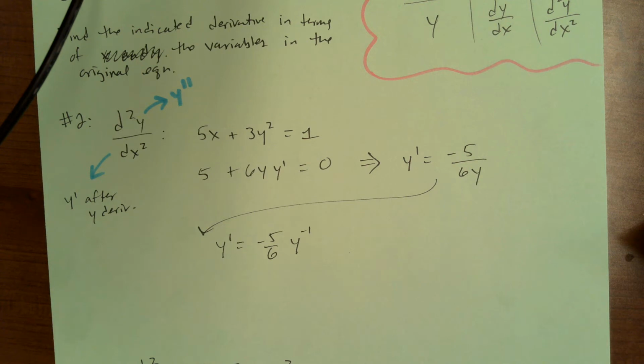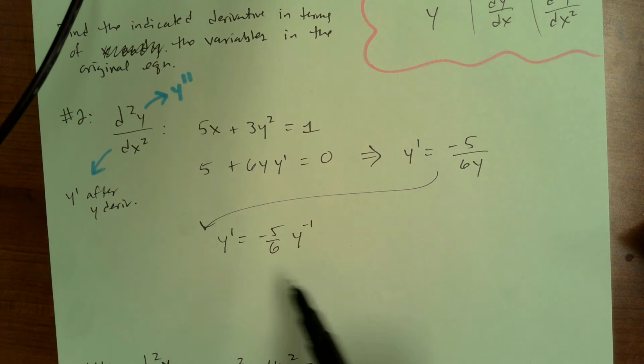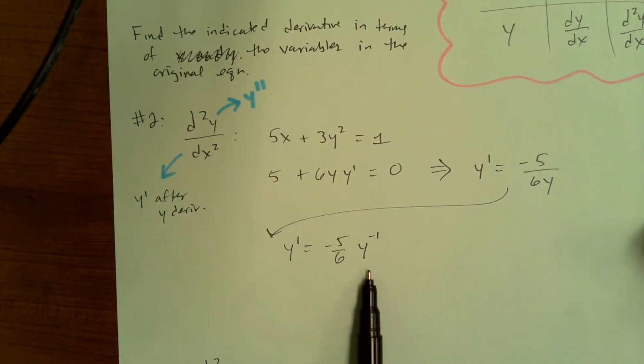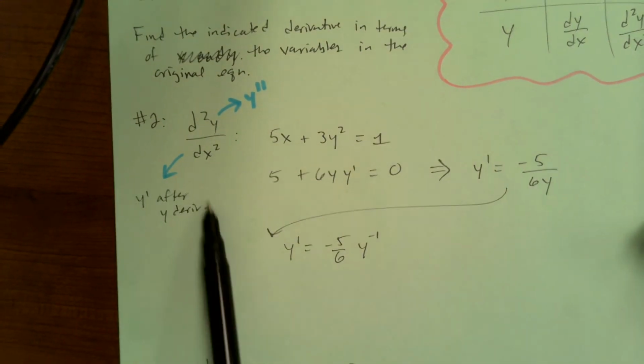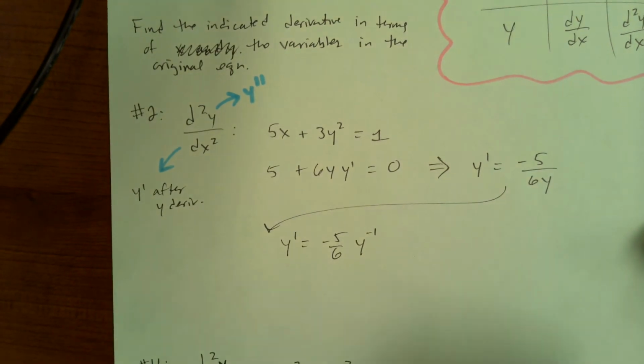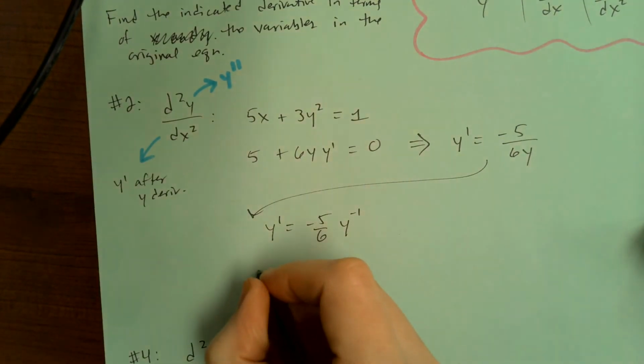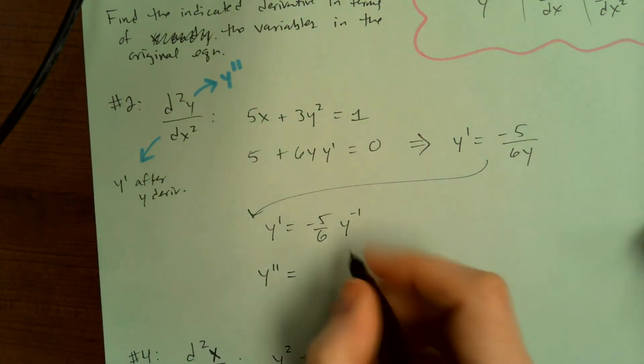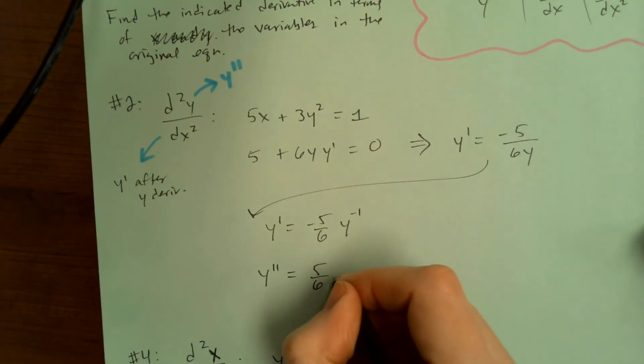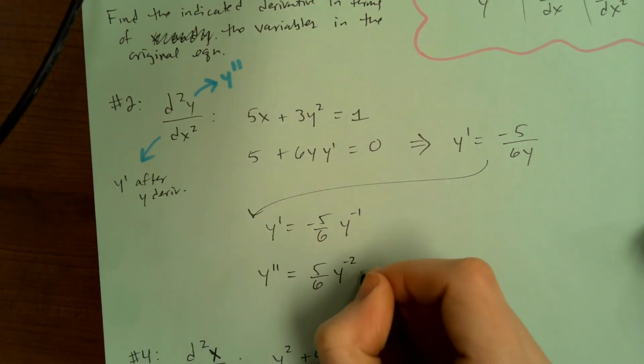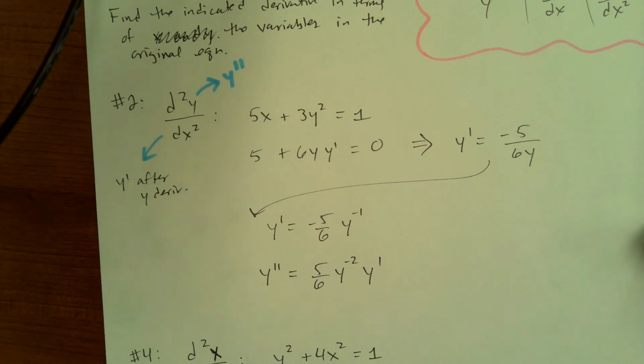And your reader would totally know that. Okay, now keeping in mind we're going to take the derivative, and we again need a y prime after a y derivative. So this is going to be y double prime equals 5/6 y to the negative 2, and then y prime after a y derivative.